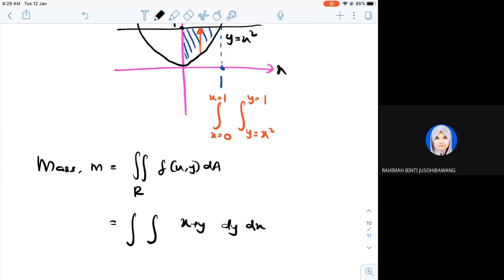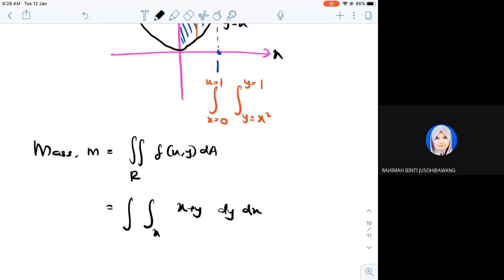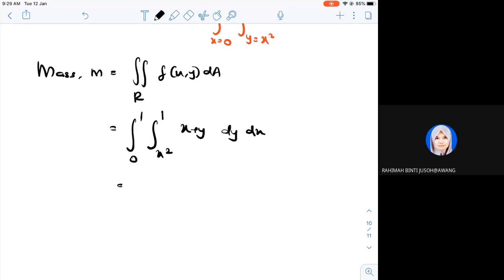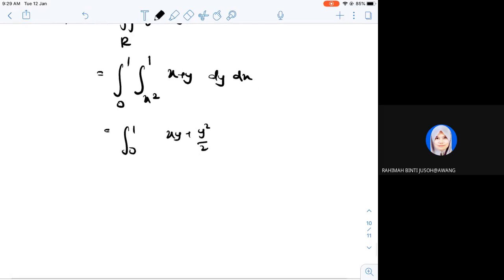We already decided that earlier. So the limits are x squared, 1, 0 and 1 like this. So we can proceed, 0 until 1, xy plus y squared over 2, substitute x squared and 1, dx.